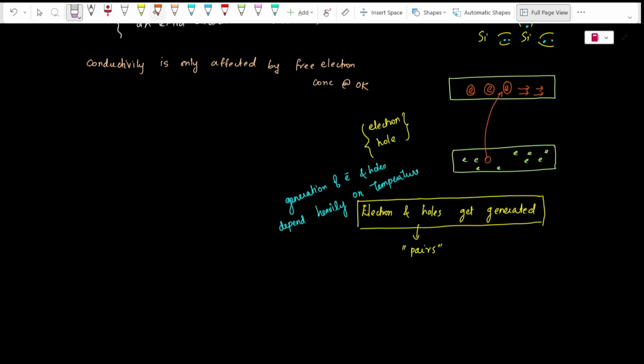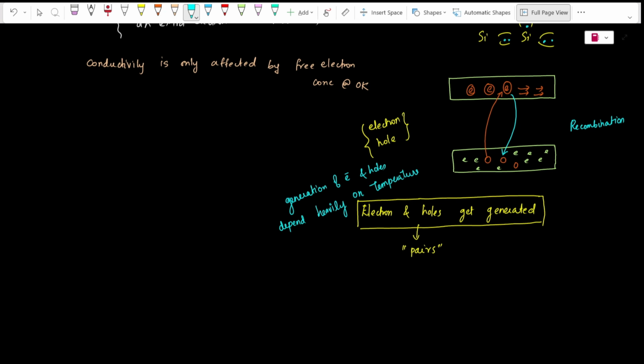So let's say these are my 3 holes. Now there is one more process, which is the recombination process. What is recombination? Recombination is the process where an electron in the conduction band goes down and occupies a hole in the valence band.